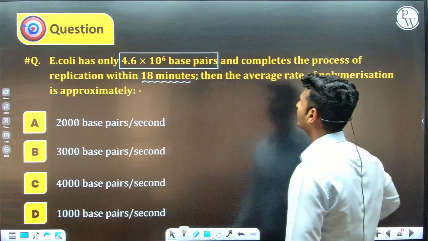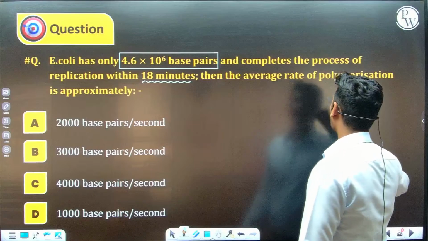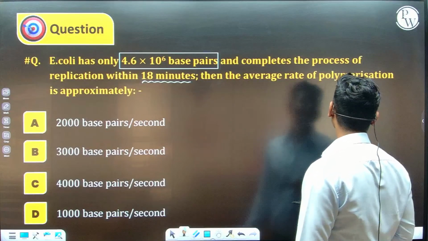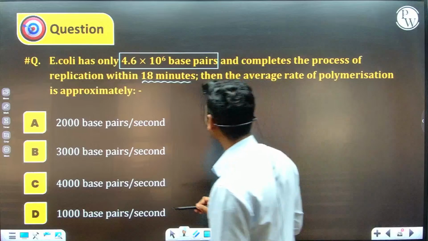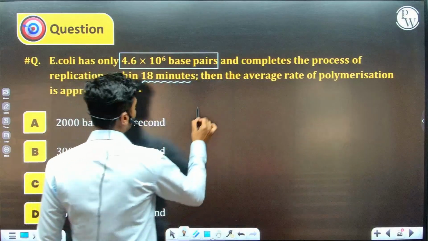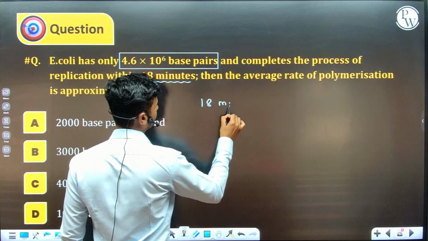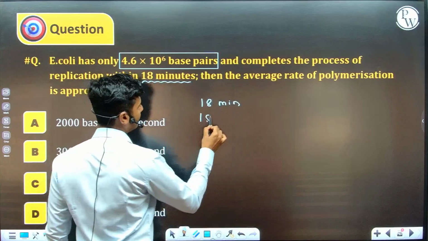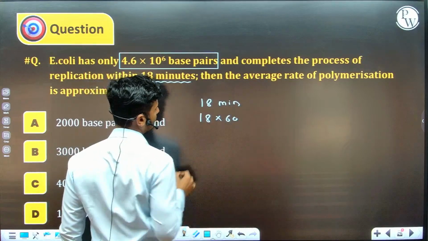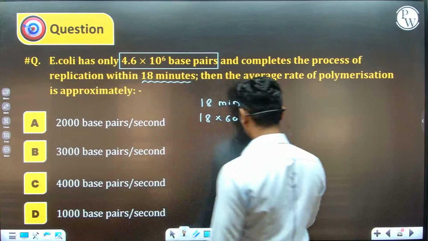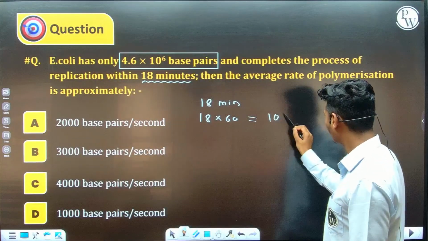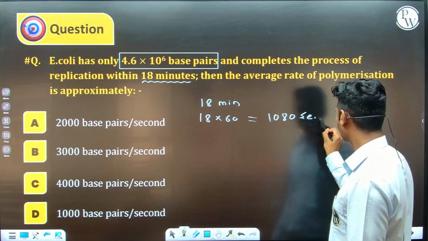Then the average rate of polymerization is approximately how much per second? So 18 minutes equals how many seconds? 18 into 60, so 1080 seconds.